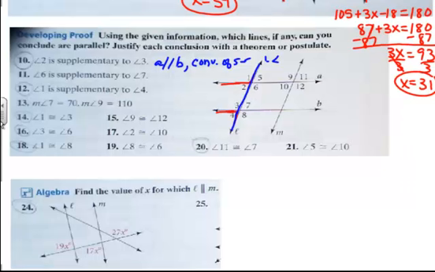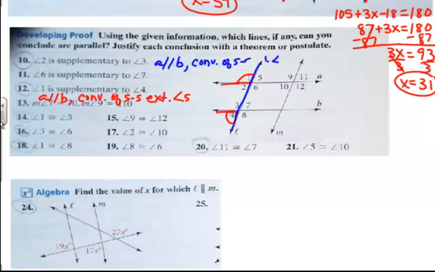A is going to be parallel to B. Okay. What's the reason why this time? This angle 1 and this angle 4 are called same side exterior angles. So this is converse of same side exterior angles is the reason why these lines are parallel.